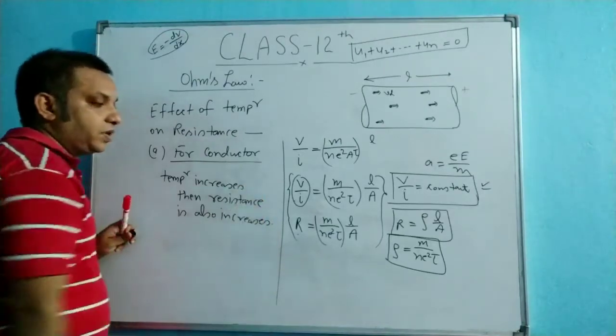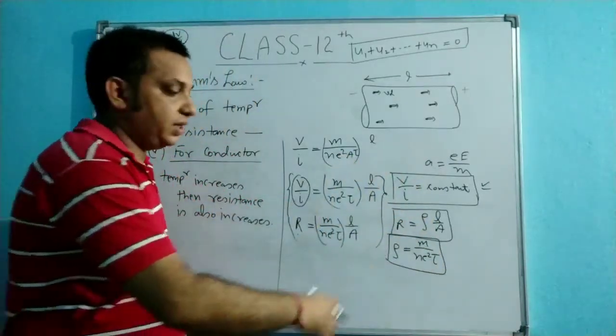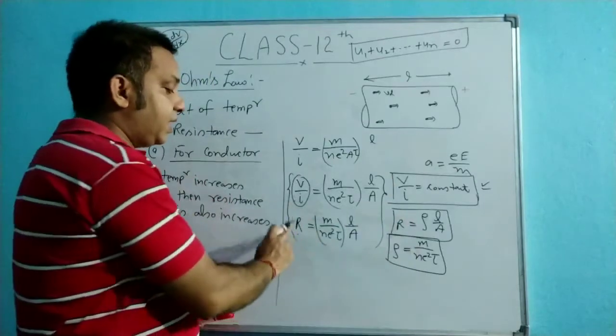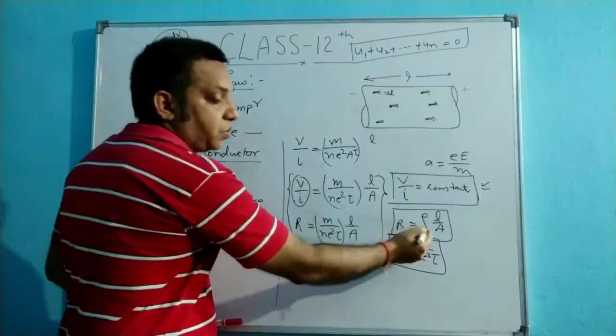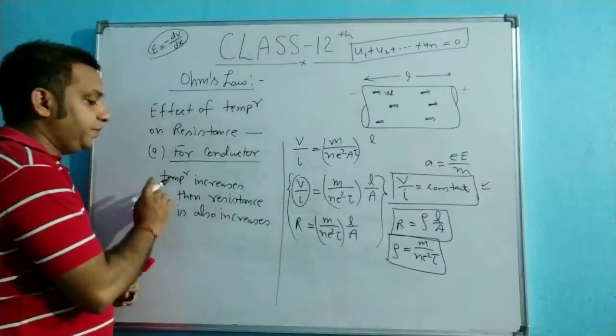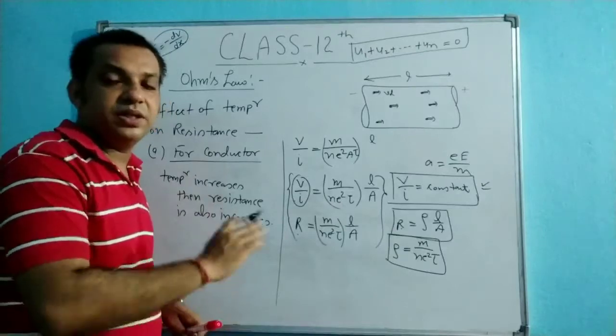If the temperature increases, the average relaxation time will decrease, and if the average relaxation time decreases, rho will increase, and R is directly proportional to rho. If rho increases, then R will increase. So here is the conclusion: if we increase the temperature of a conductor, then its resistance will increase.